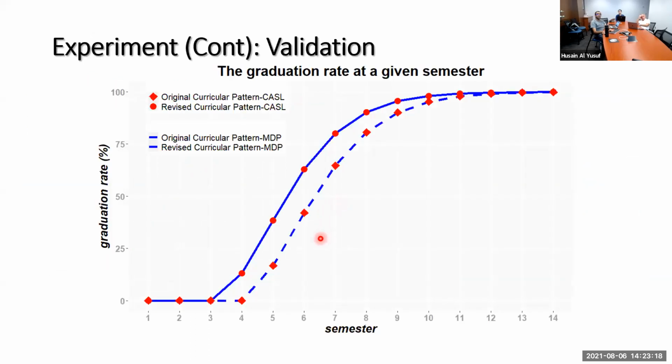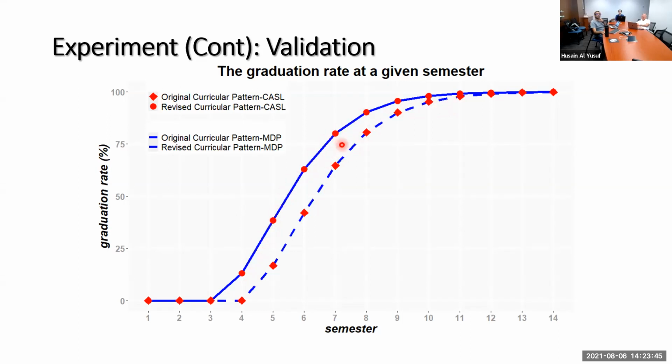So for validation, we validate with Monte Carlo, if you remember the Monte Carlo model. We have a Monte Carlo process to simulate many students, and then we take the average. We got almost exactly the same results.